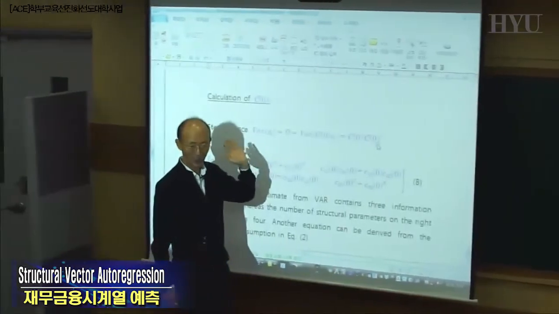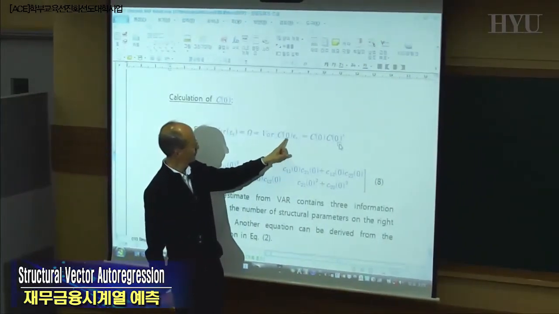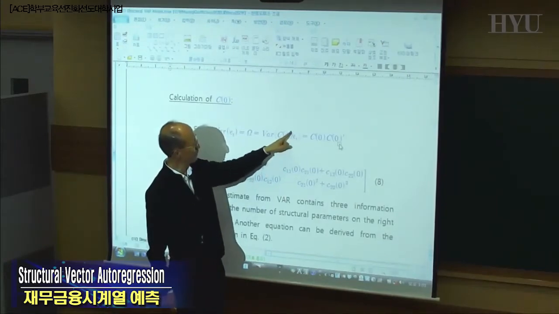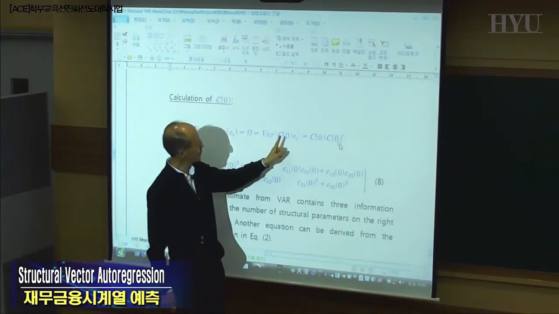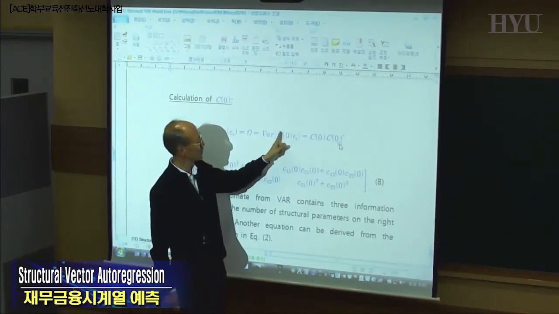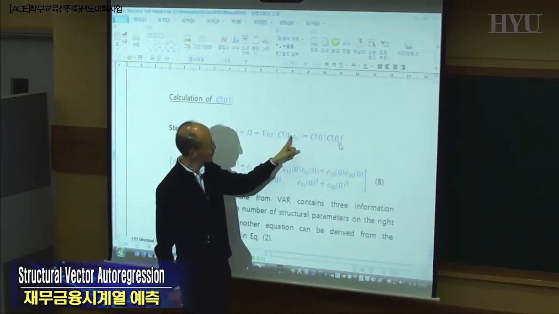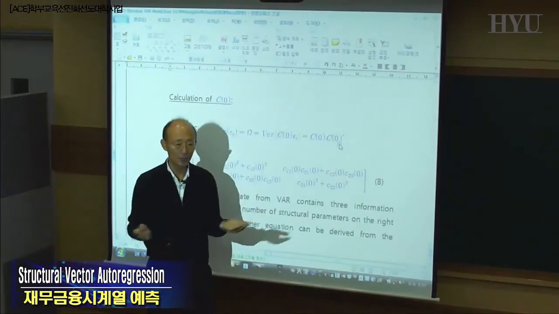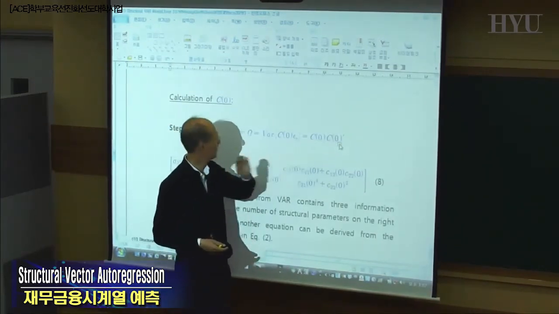Applying the rule where if you have a vector and a matrix multiplied, then it is C0 times the covariance of epsilon t times C0 transpose. But the covariance of epsilon t is assumed to be the identity matrix, right? So it disappears. So this one.